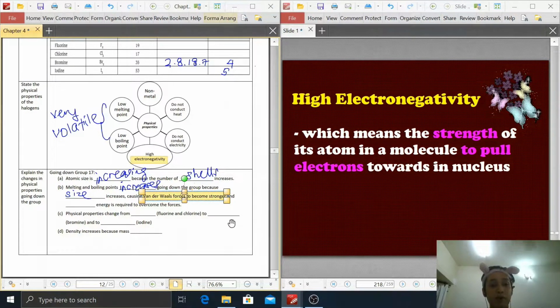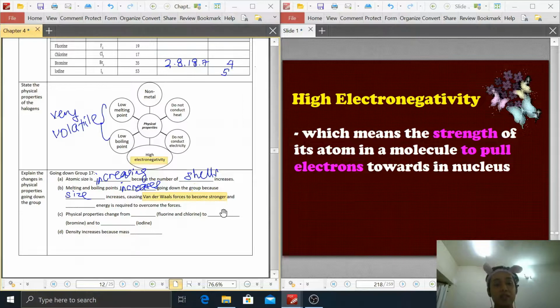Melting and boiling point depend on the van der Waals forces, which are the attractive force between molecules. So the nearer the molecules, the stronger the force, meaning you need more heat energy to overcome the forces. Hence, melting and boiling point increases as you go down the group.